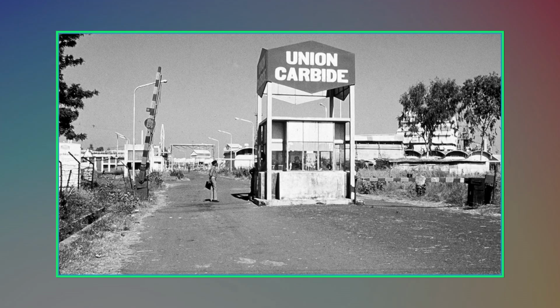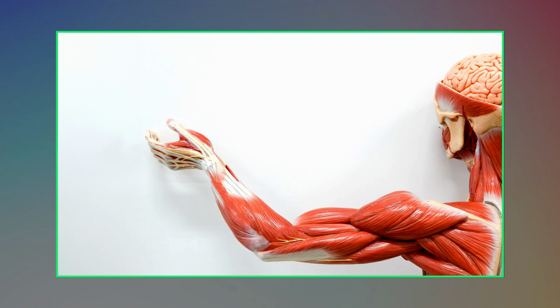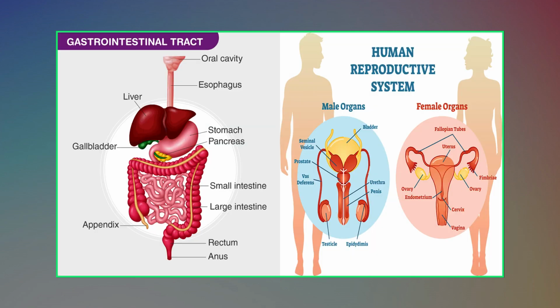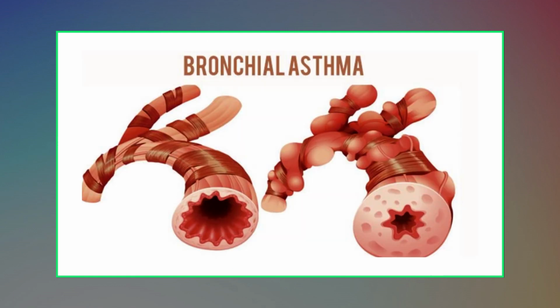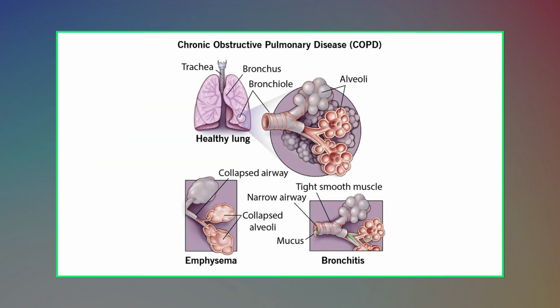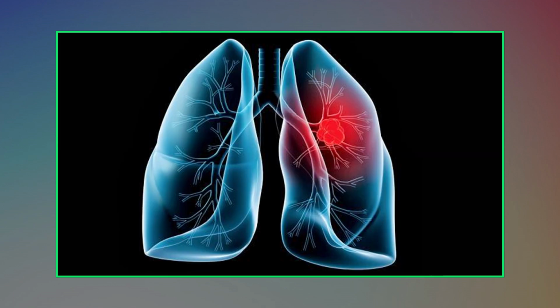The ICMR has established that the toxins from the Union Carbide factory have caused damage to the lungs, brains, kidneys, muscle, as well as the gastrointestinal, reproductive, immunological, and other systems: bronchial asthma, chronic obstructive airways disease, recurrent chest infections, and fibrosis of the lungs, and the principal effects of exposure-induced lung injury.